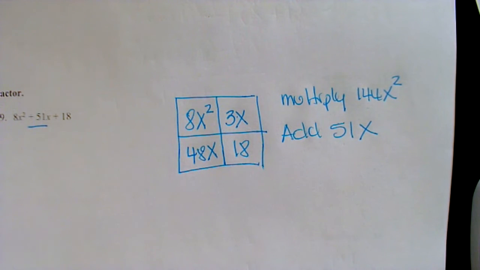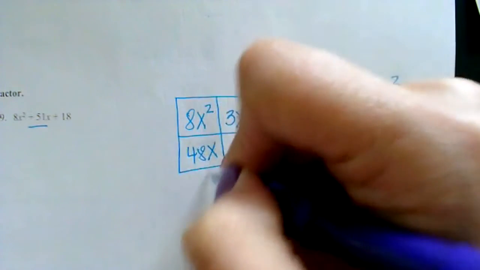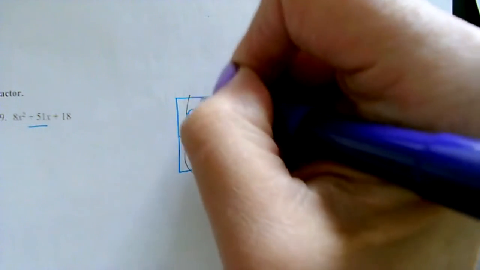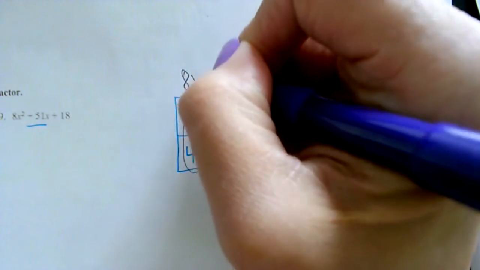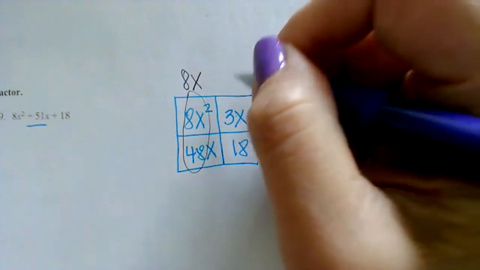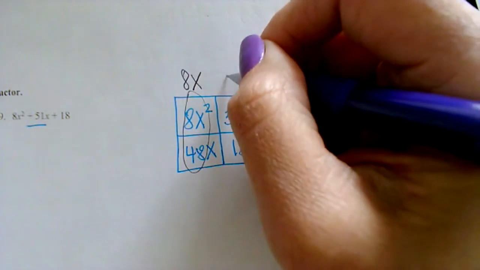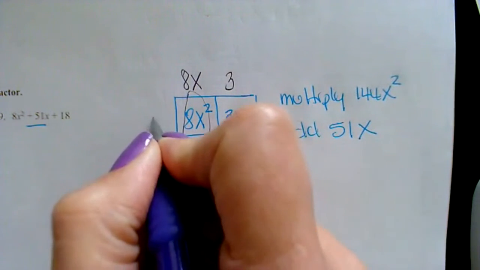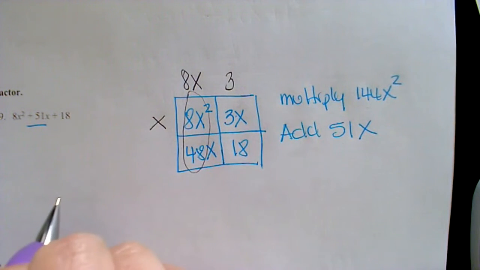Now, let's do what is common in both of them, okay? Right here will be what? 8x, right? And right here we have 3. On this side, we have an x, right?